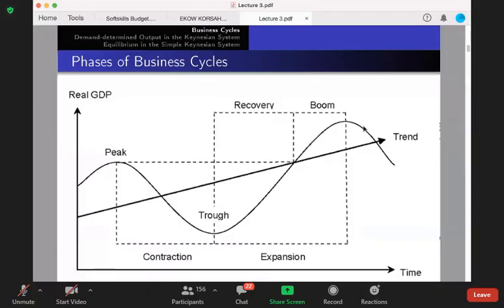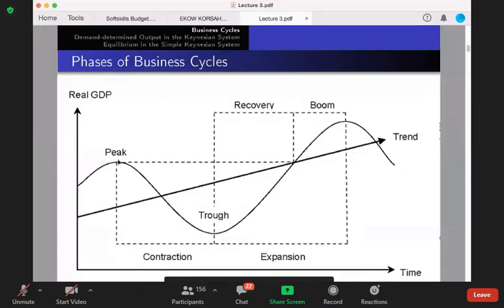But along this trend, a lot of things are happening. We will see GDP having a peak here and another peak here, and then there's a trough. The trough is the fall after the peak. Within this time period, this GDP peaked in this specific year.